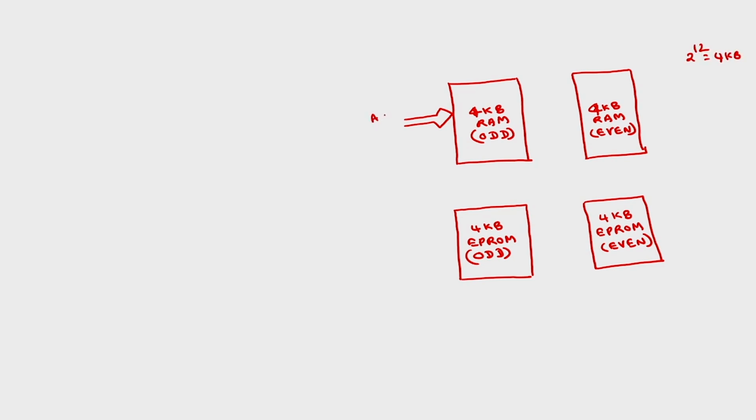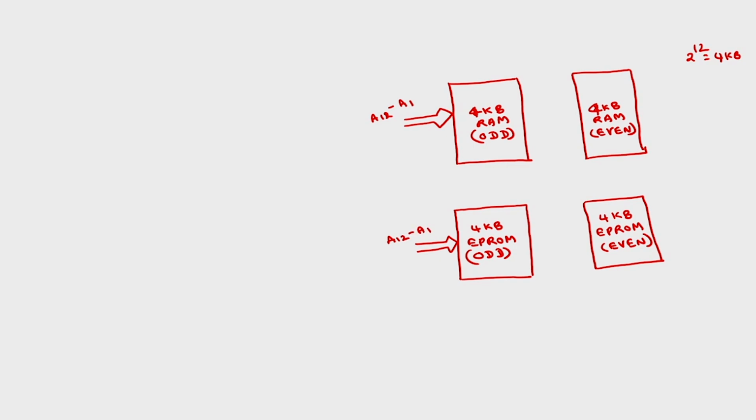So this is A12 to A1, which is 12 lines in total. Similarly, here also we will have A12 to A1.